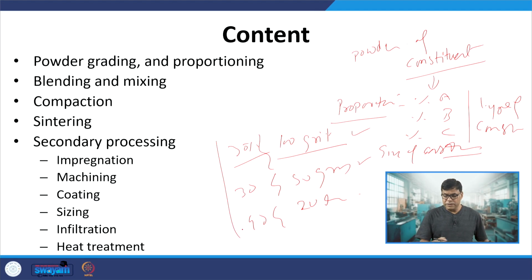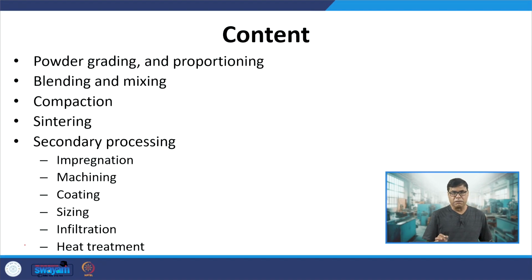These are the two types of proportioning which is done to develop the product of the desired composition as well as with the desired soundness. This kind of proportioning is important for making the product using the powder metallurgy approach.